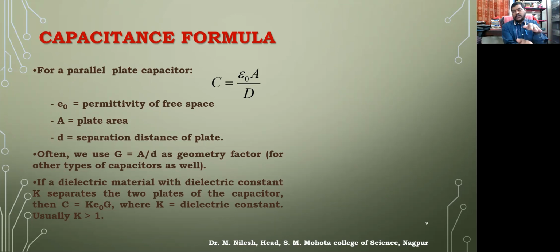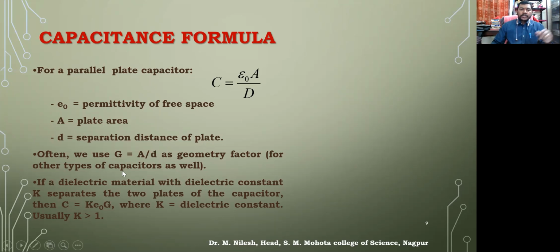As the distance is inversely proportional to the capacitance, whereas the area is directly proportional to the capacitance, if there is a large surface area, we'll have a large capacitance, right? So C is directly proportional to the area of the plate, and capacitance is inversely proportional to the distance between the plates.